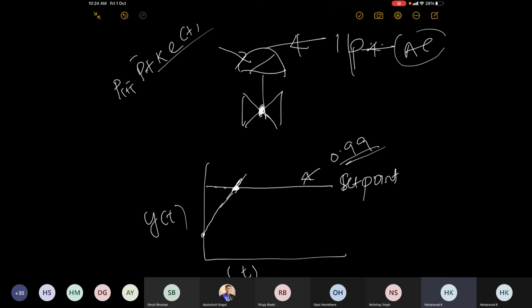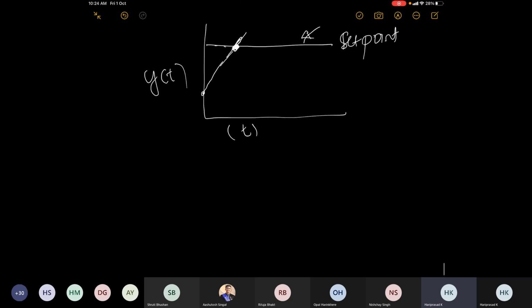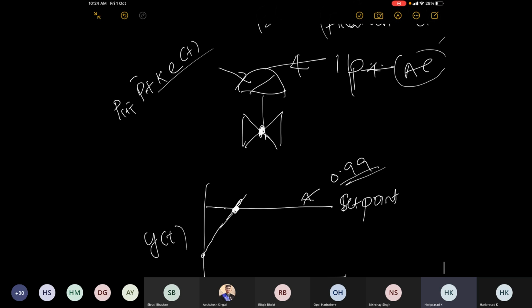When the error becomes 0, suddenly the air supply stops. Then it changes, and the valve would start opening. So if you plot the valve profile, it would tend to oscillate because it would keep on changing with respect to time. When it shuts off, it opens.